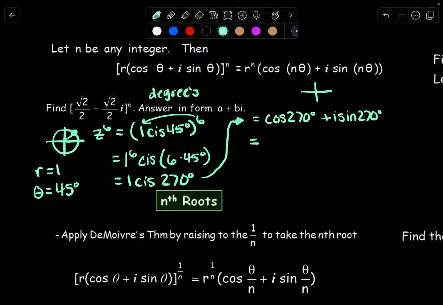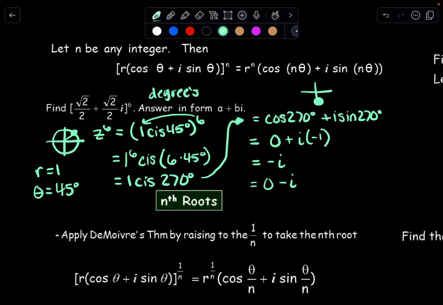So we're looking at 270 degrees. That is going to be here at the bottom of the y-axis, or the vertical axis. Cosine 270 will be 0. And then sine of 270 is -1. So we're just left with -i. And if you want, you can do 0 minus i, but these are equivalent. So either one will be accepted.